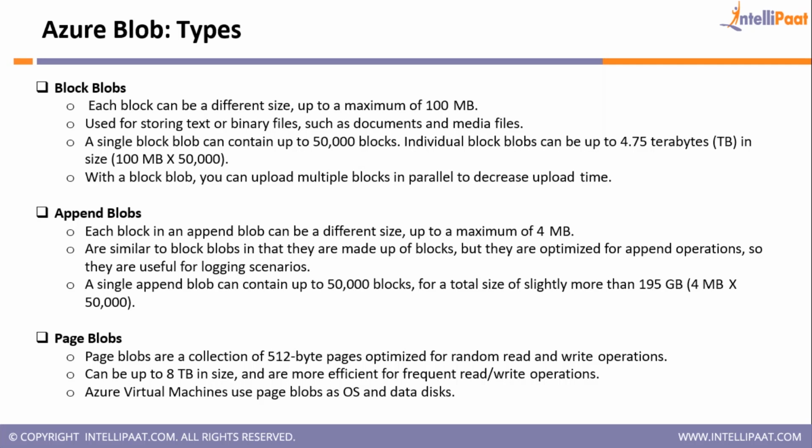So if you do the mathematics, individual block blobs can be up to 4.75 TB in size. The maximum size of a single block inside a block blob is 100 MB, and the maximum allowed number of blocks inside a block blob is 50,000. So it comes to close to 4.75 TB.